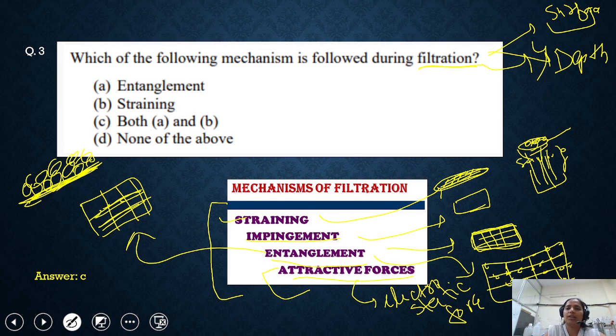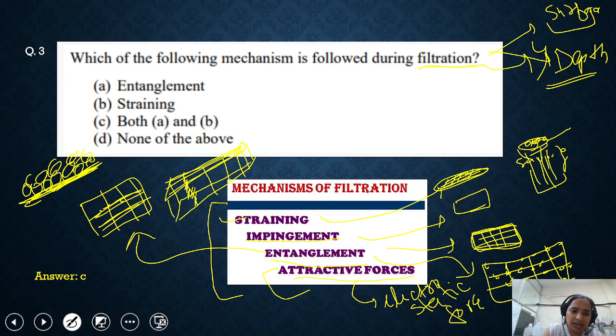And in depth filtration, suppose this is your filter paper, and I'm just trying to help your visualization in 3D. The solid particles will settle in the space between the pores present in the filter.